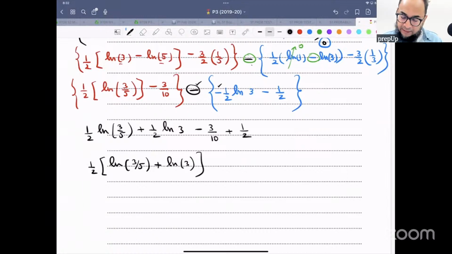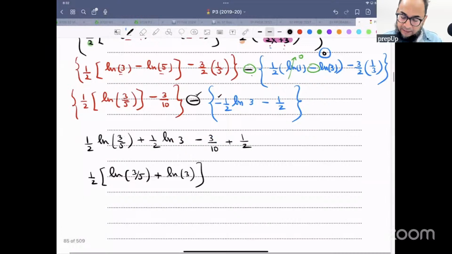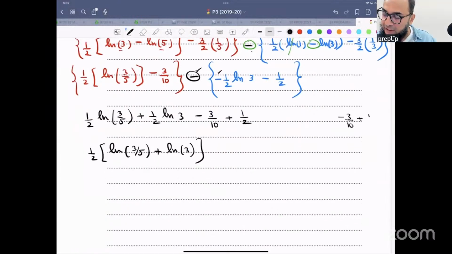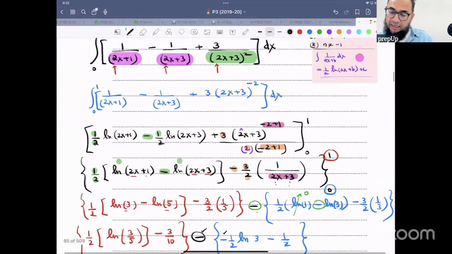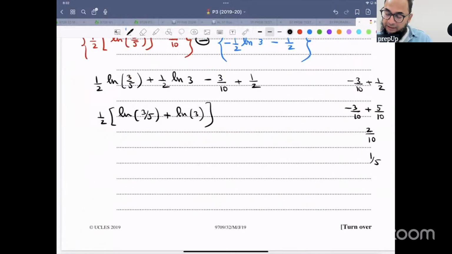And this is negative 3 over 10 plus 1 over 2. Negative 3 over 10, and let me write this thing as 5 over 10. So this is 2 over 10, and they have written the answer as 1/5. That is good, and this is 1/5. So this is positive 1/5.